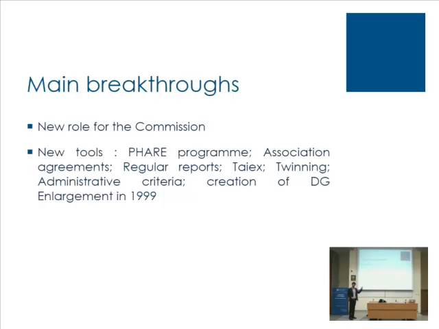Other administrative programs like TAIEX, and for instance, another institutional innovation at the EU level, the creation of the Directorate-General for Enlargement. Because before, in the other negotiations, enlargement was dealt with by different EU Commission directions. And for the first time in 1997, the European Union created a directorate-general focused only on enlargement.